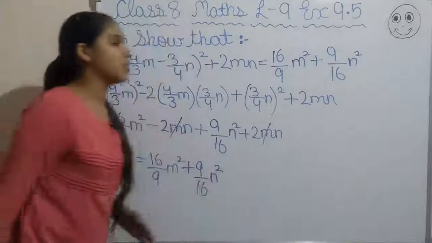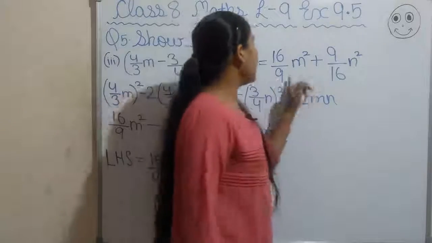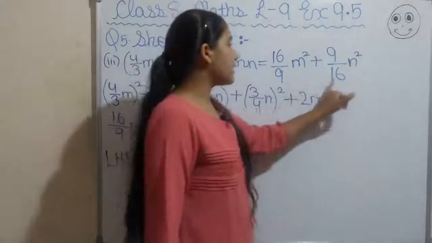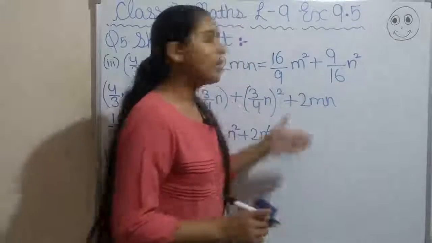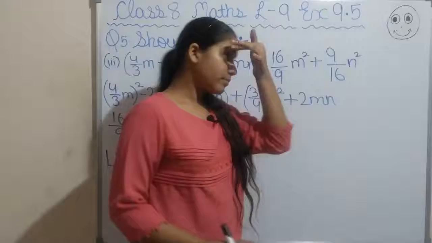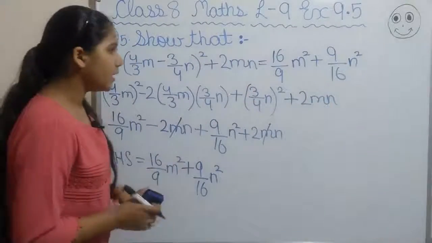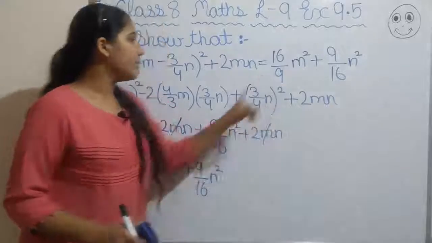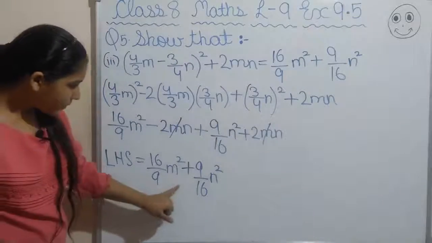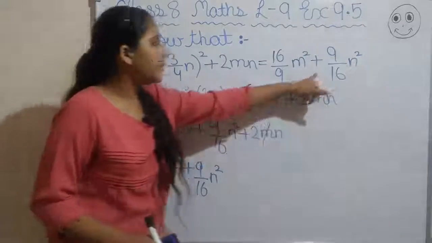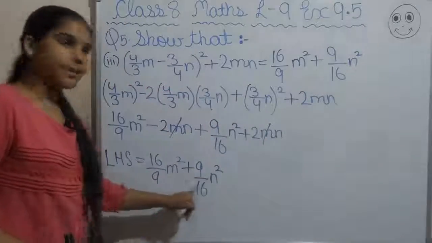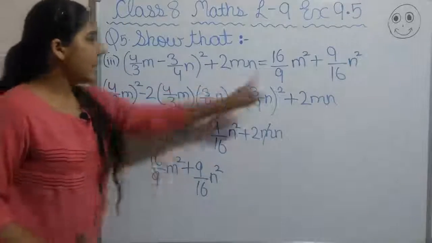So let's come to the RHS. The RHS is this one: 16 by 9 m square plus 9 by 16 n square. So actually we don't have to do this much, already it is done as it is. Okay, 16 by 9 m square plus 9 by 16 n square, both are the same, this LHS and that RHS.